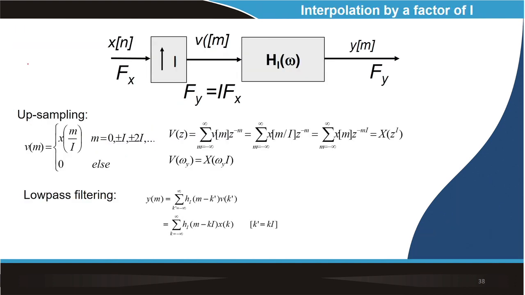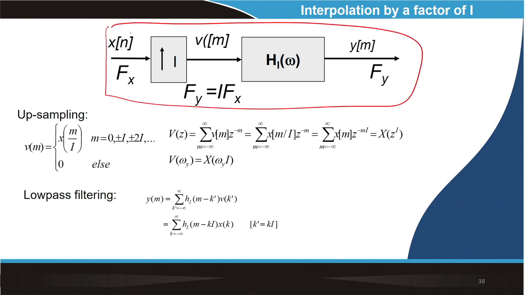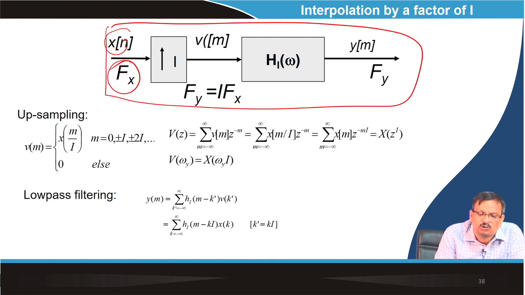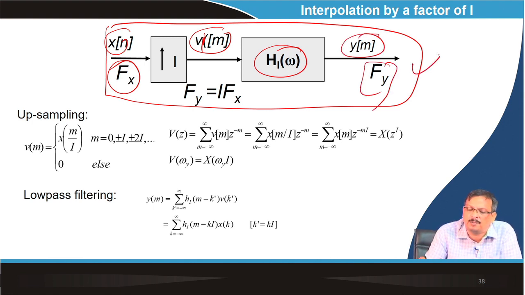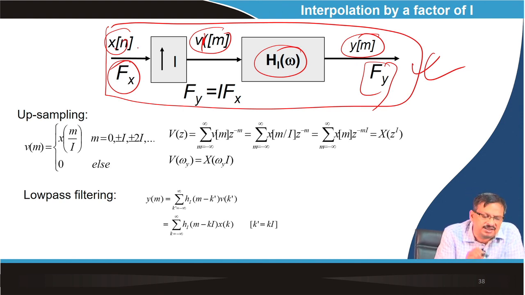Let us say I know my interpolation filter, the upsampling block diagram, looks like this: x of n, fx is the input sampling frequency, v of m, then h of omega and y of m, fy. This is my upsampling block diagram. So x of n is the input.